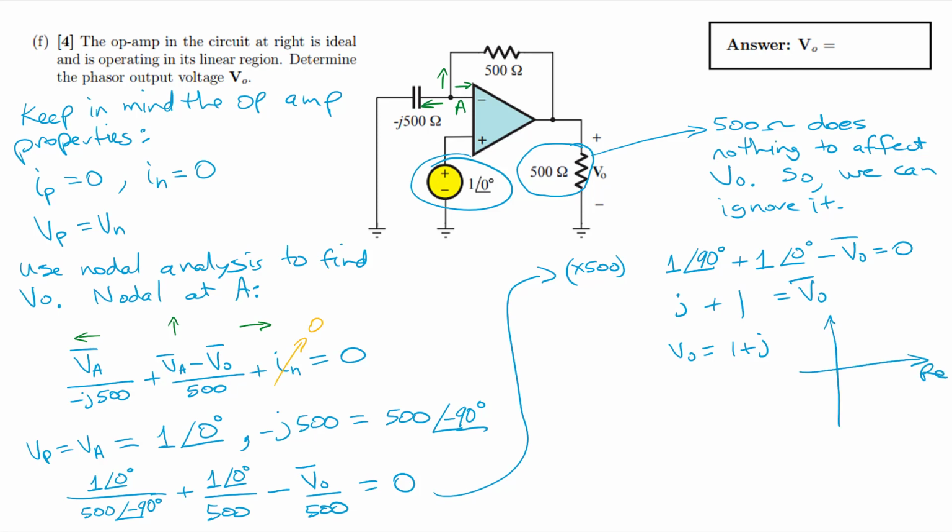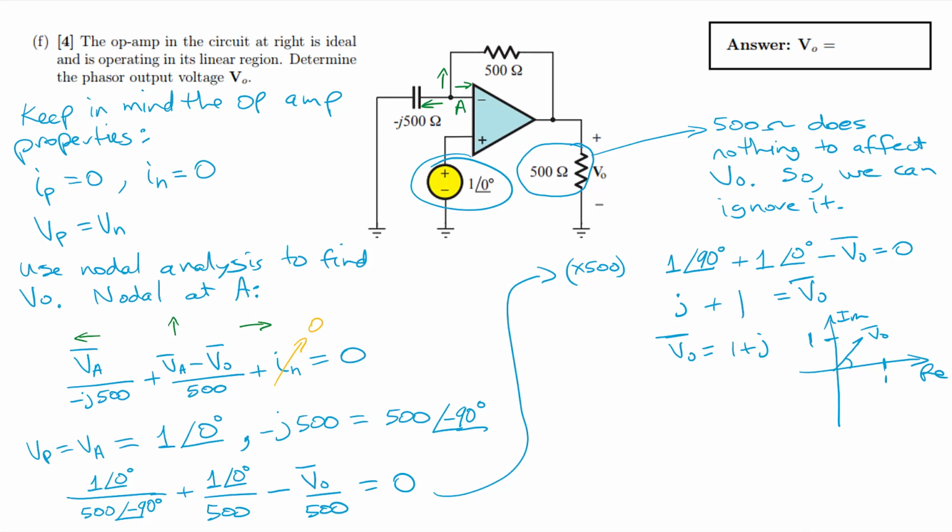And then very simply we'll just convert it into phasor form. So the imaginary side is going to be 1, the real side is going to be 1, and this is going to be Vout, with the little bar on top.